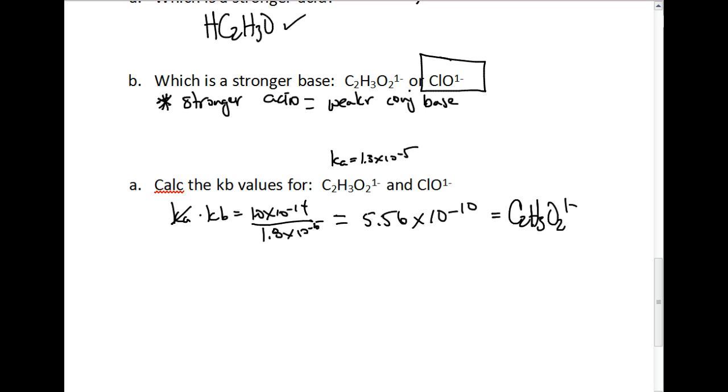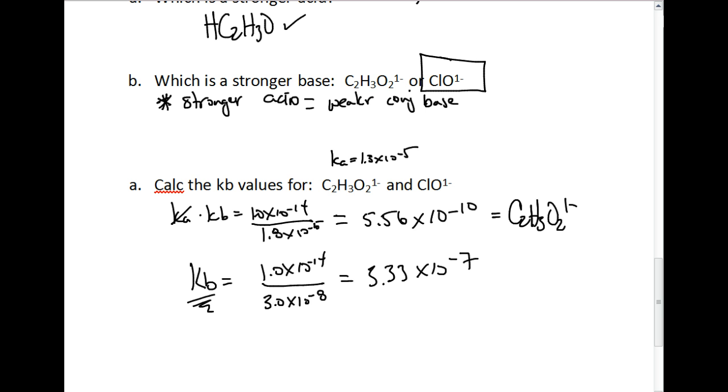Now let's go ahead and calculate Kb for the hypochlorite ion. Kb is going to equal 1.0 times 10 to the negative 14th over that Ka value that was given to us above, which was 3.0 times 10 to the negative 8th, and we divide those two and we get 3.33 times 10 to the negative 7th as a Kb value, and this is for the hypochlorite ion.